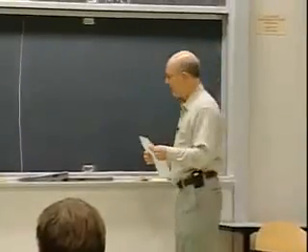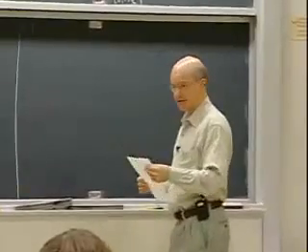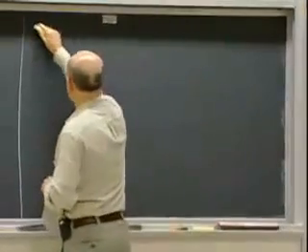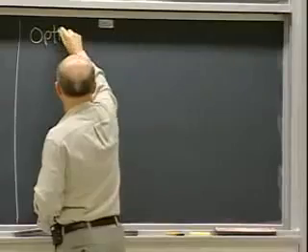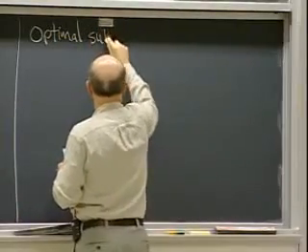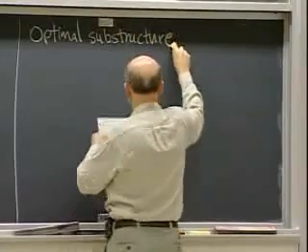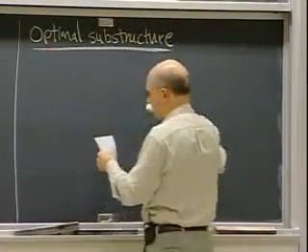Okay, so let's first of all make some observations about this puzzle, and what I want to do is remind you about the optimal substructure property, because it turns out minimum spanning tree has a great optimal substructure property.